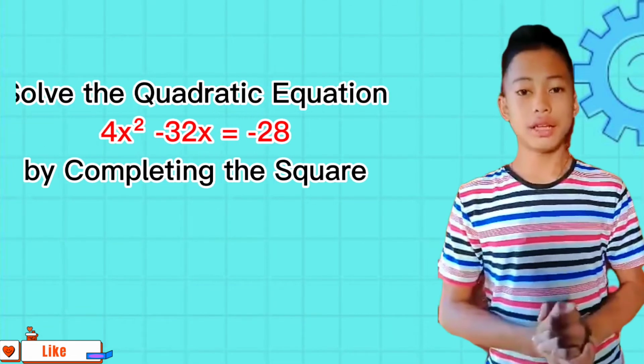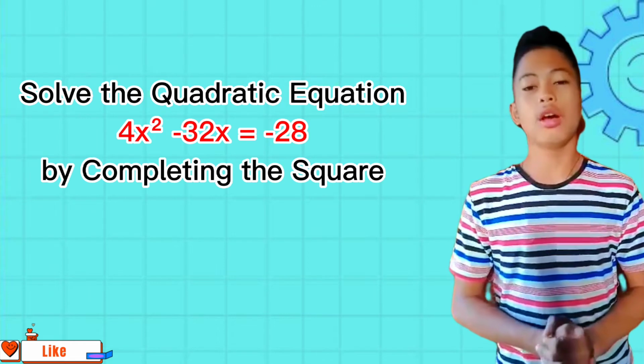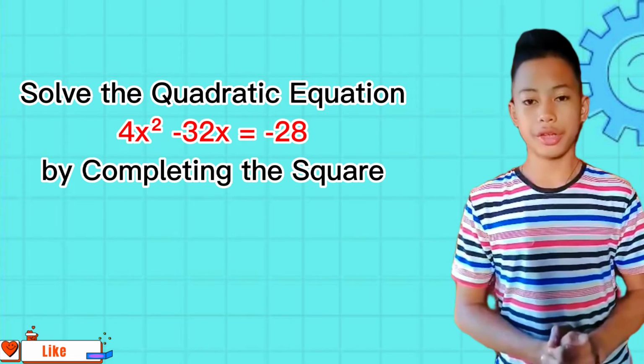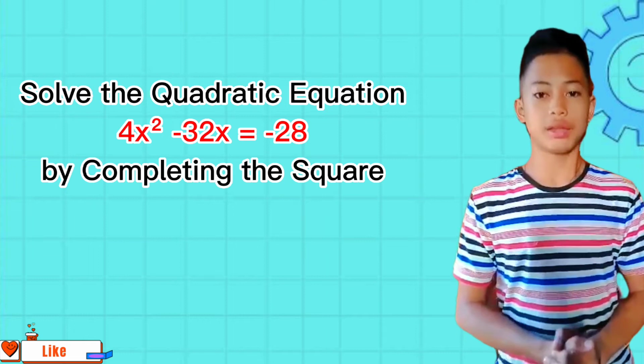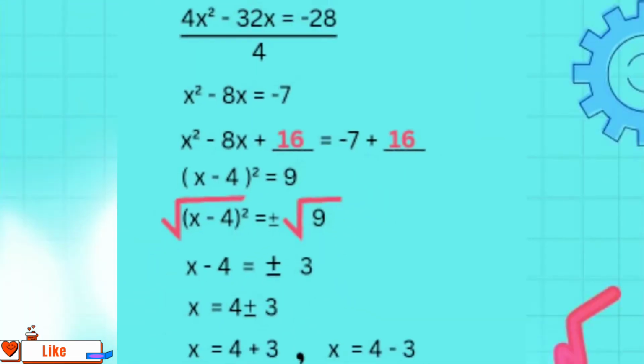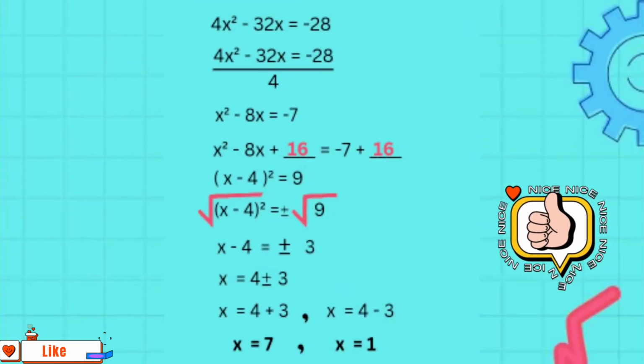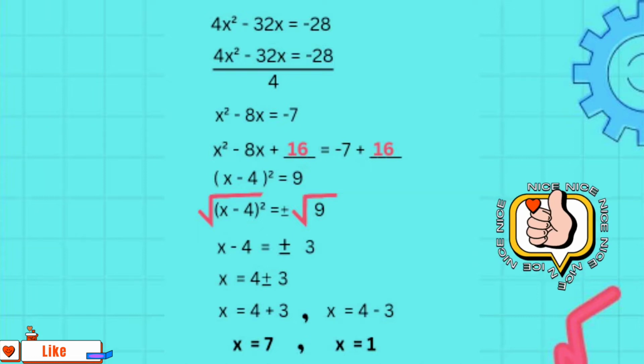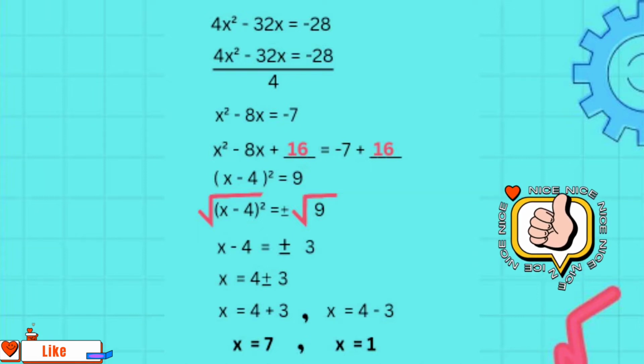Now, let's try to solve this quadratic equation: 4x squared minus 32x equals negative 28. To solve, divide both sides of the equation by 4. The result is x squared minus 8x equals negative 7.